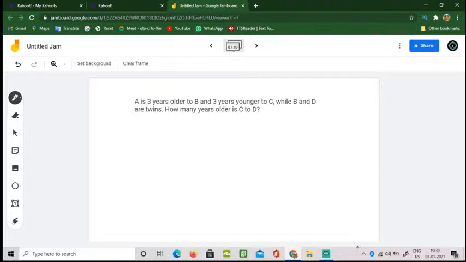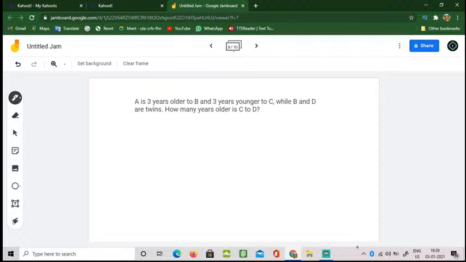Here A is 3 years older to B and 3 years younger to C, and while B and D are twins, how many years older is C to D?